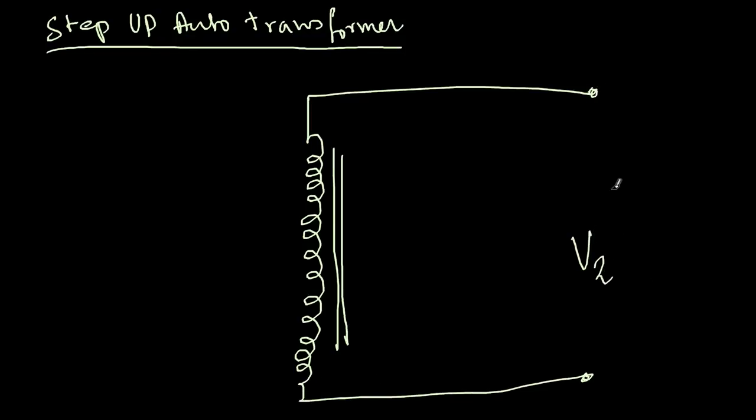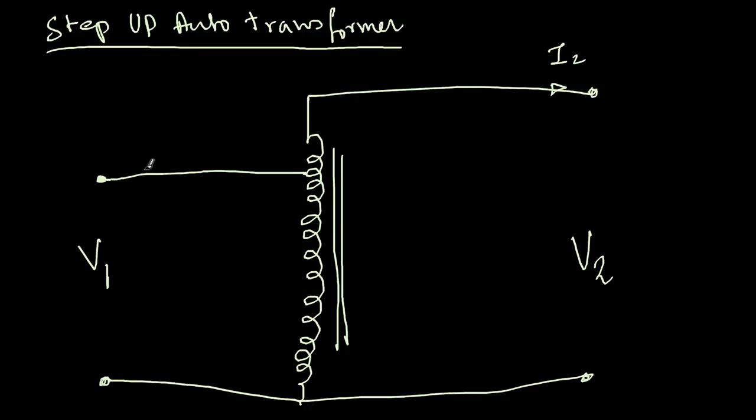So this is V2 and this current is I2. What I'll do is, instead of taking it from here, slightly below, I'll take the tapping and then I connect out to this. So this is V1 terminal voltage and this current is I1. So this is the primary side and this is the secondary side.